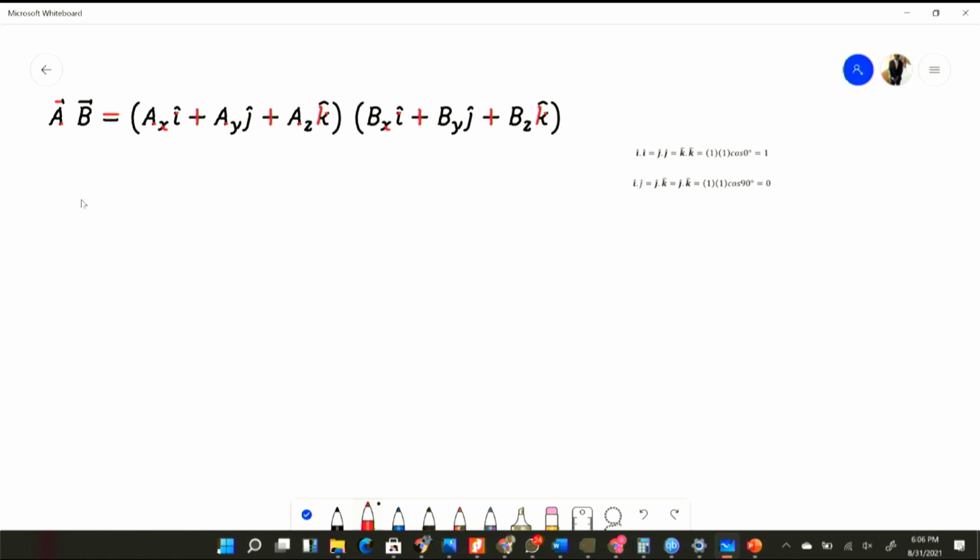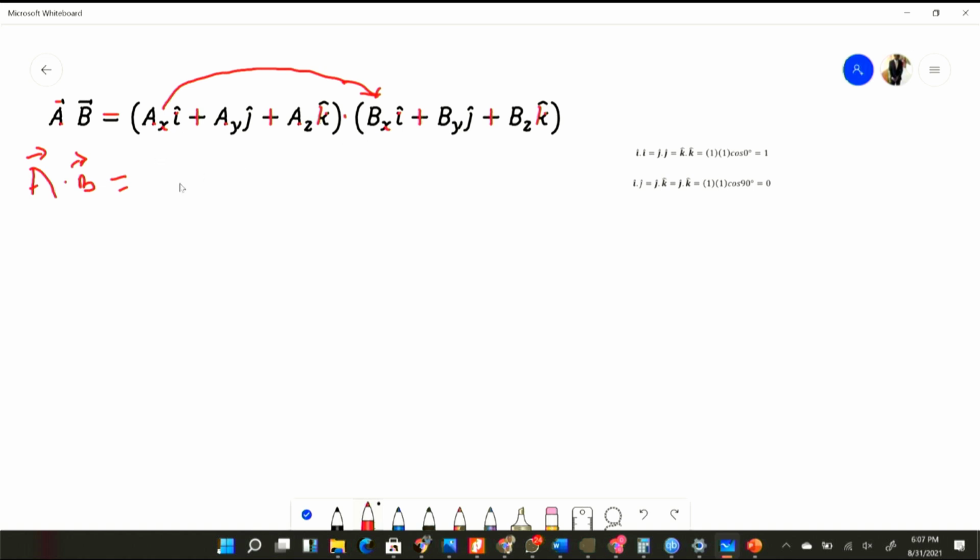We have our A dot B, which is equal to the vector given here as a dot product. So we do our normal expansion, that is, we multiply each component in the first bracket by all the components in the other bracket. Let's do it together.